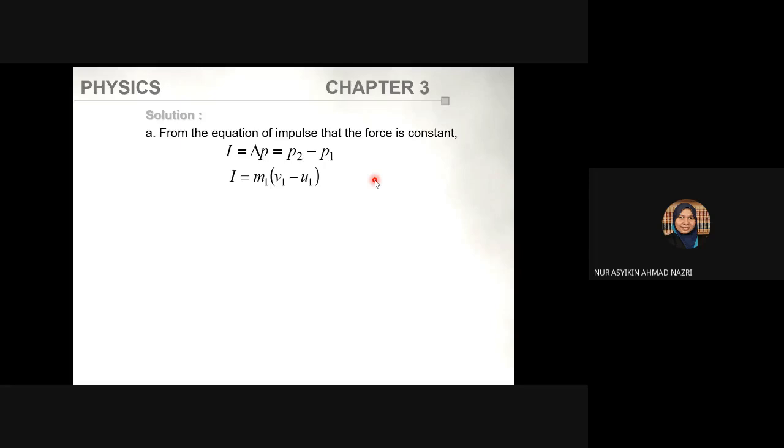Usually it's that simple, but be careful if it is a two dimension case. You cannot simply subtract like this. You need to consider the X component and the Y component. For this case, it happens to be one dimension only, the X component.